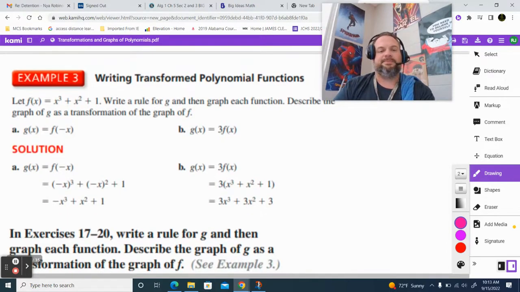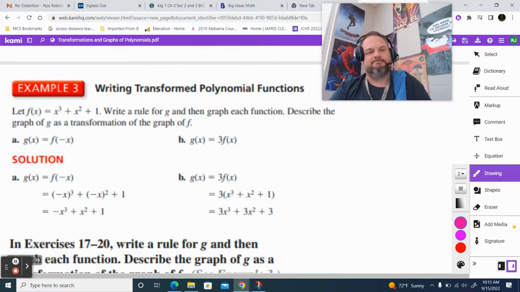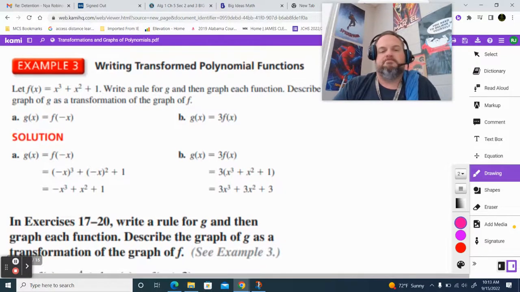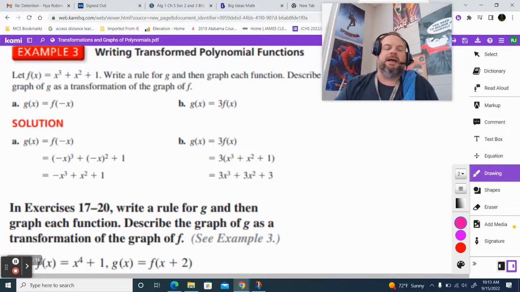All right. Now, I could read this to you, but it's not a really good story, so I'm not going to do that. Basically, it's saying, hey, what happens if you plug this in?